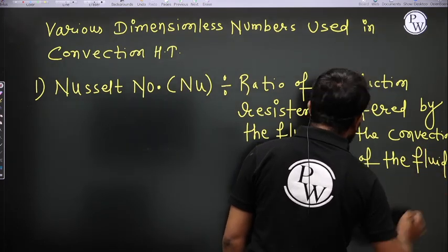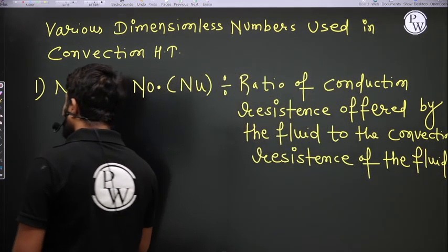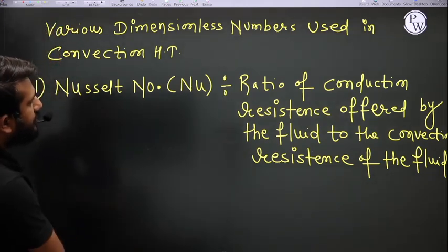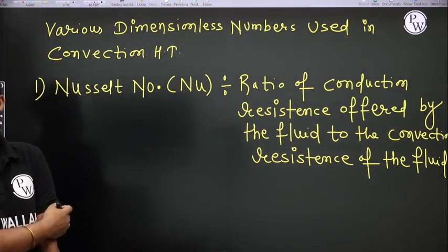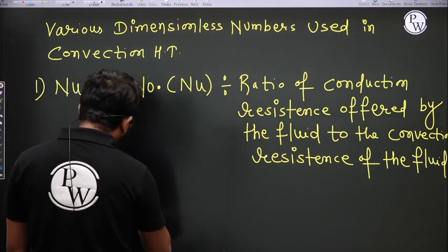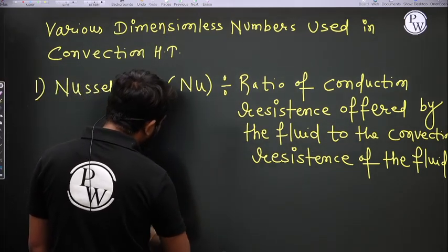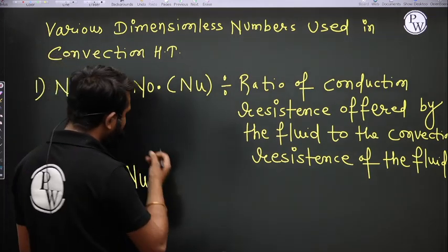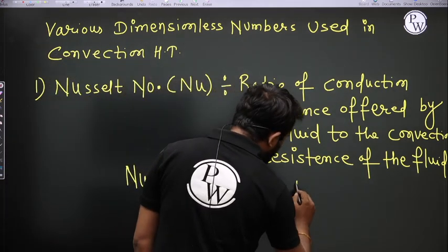Because we know that for convection, conduction is required, so the conduction resistance also comes into the picture, but the conduction resistance of what? Of the fluid, right?